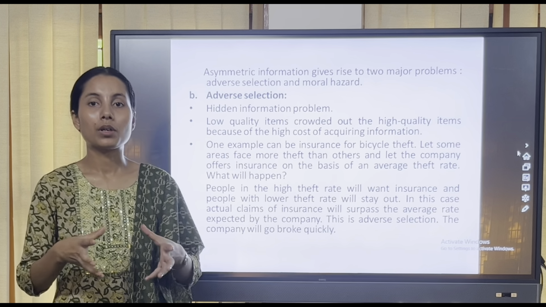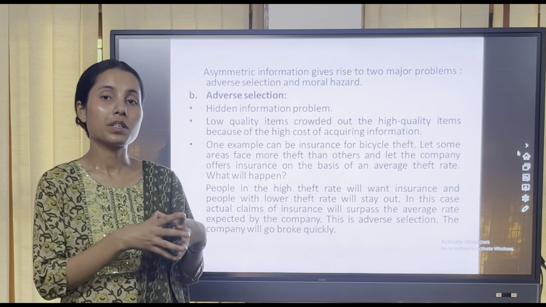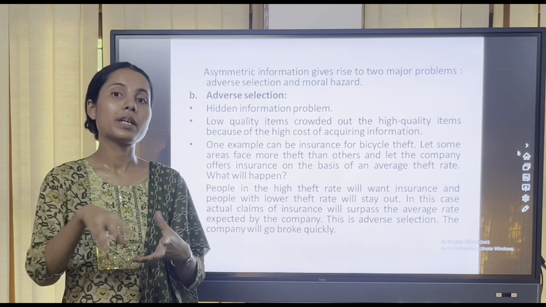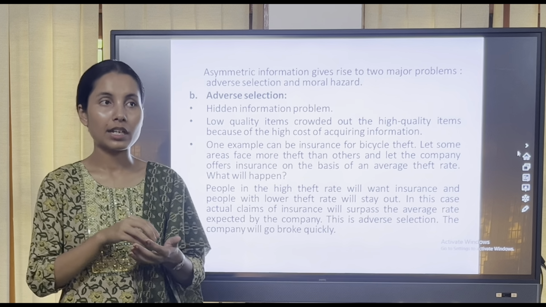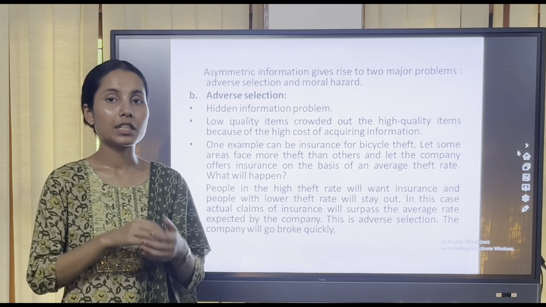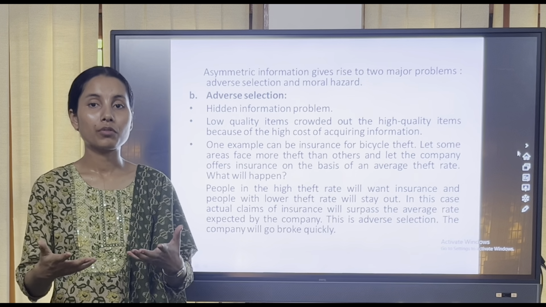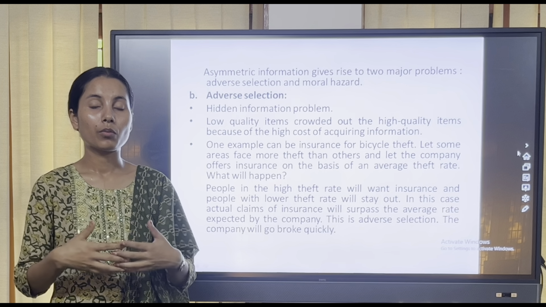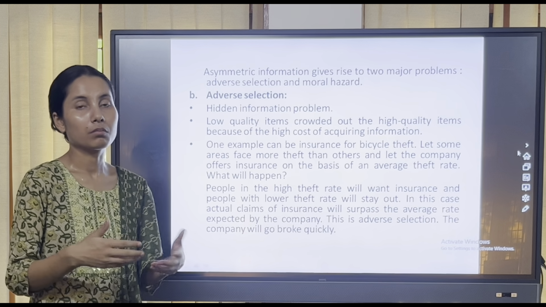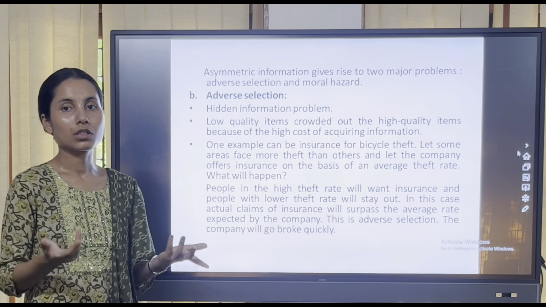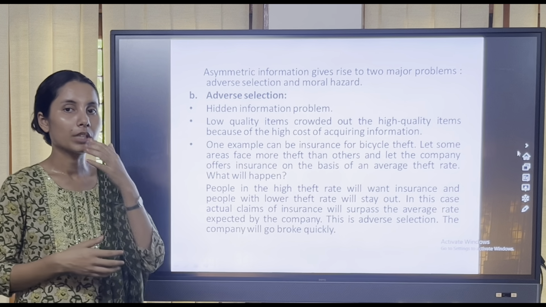Now, this number was not expected by the insurance company. The insurance company assumed that there would be an average number of bicycle thefts occurring in the areas, and on the basis of that, they set their insurance price. But the actual number of insurance claims will be higher than that, and thus they will go broke very soon, right? This is the problem with adverse selection.